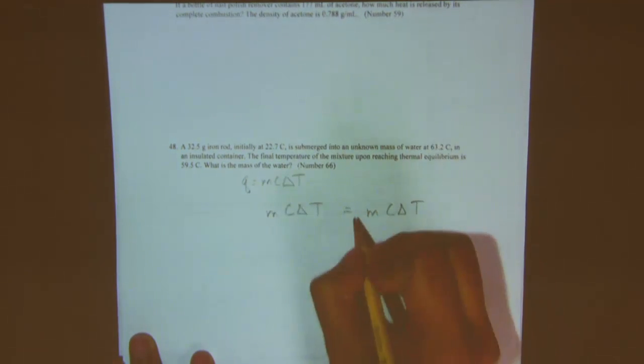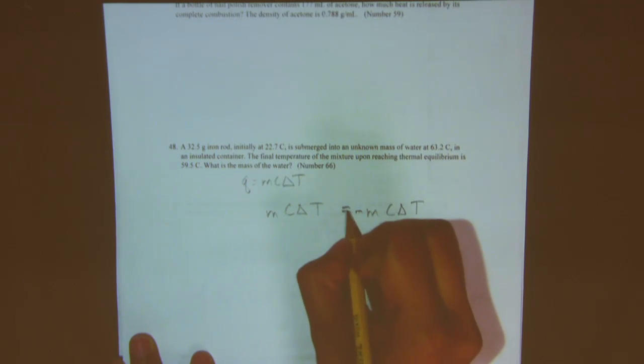So I'm going to be doing Q equals MCΔT, exactly. Which one would get the negative value? The one that turns cold. I don't think it really matters, because in the end you're really just looking for a value, but conceptually, one gets warmer, one gets colder. So the one that gets colder is usually the negative one.